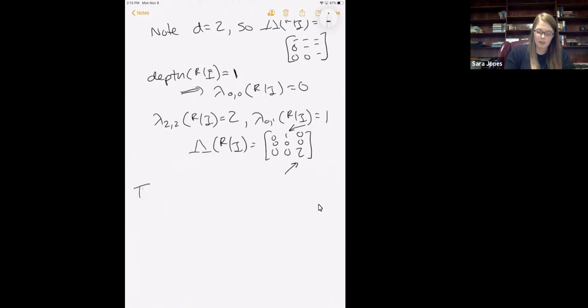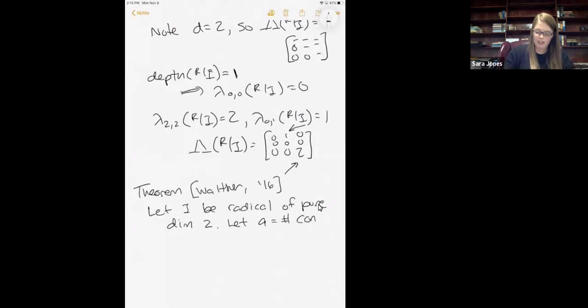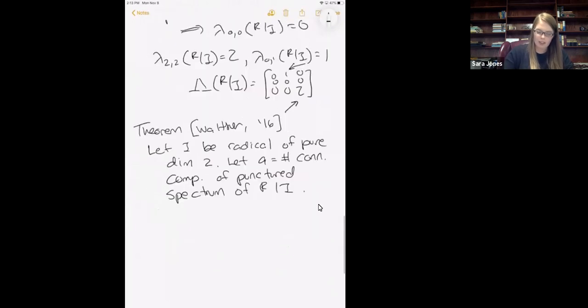We have this theorem by Walther in 2016, and he said, let I be radical of pure dimension 2, and let a equal the number of connected components of the punctured spectrum of R mod I. Then we see what we just observed in the previous example generalized.